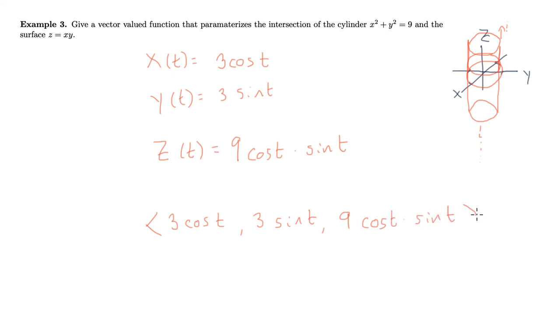And now there's going to be more than one parameterization. For instance, I can make my parameterization circle this intersection curve multiple times. But if I just want to circle it once, I'll just let t go from 0 to 2 pi. And that'll circle this intersection curve with the surface exactly one time.